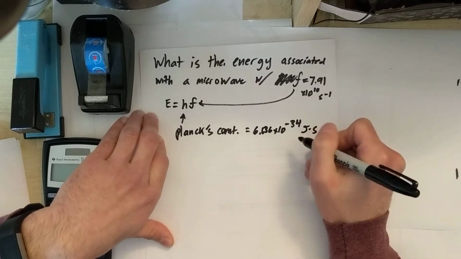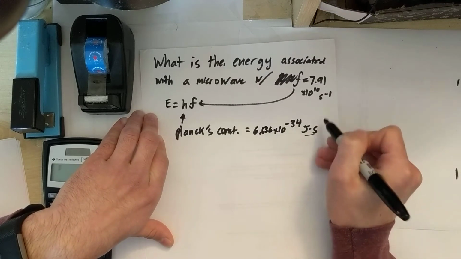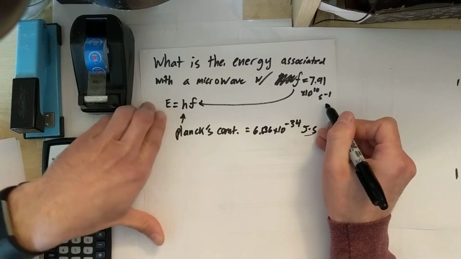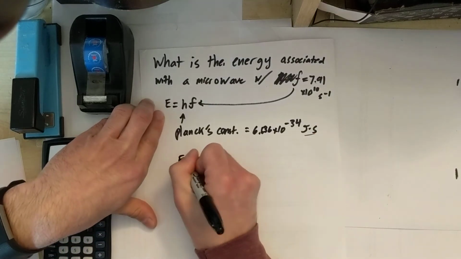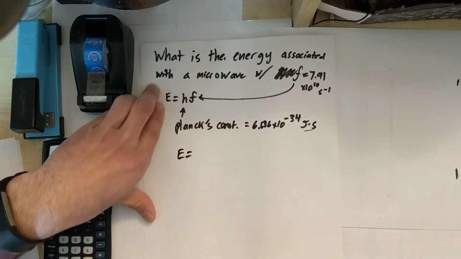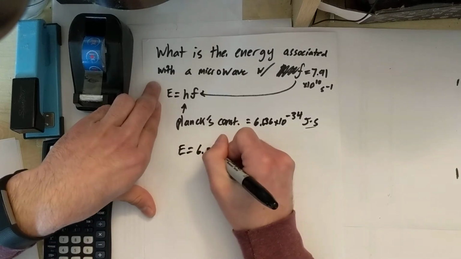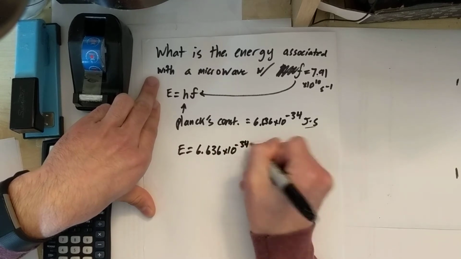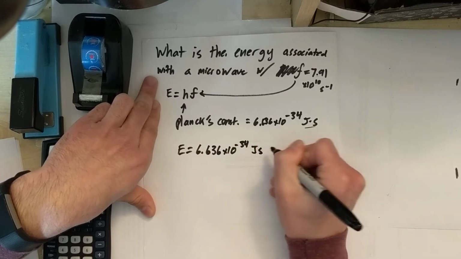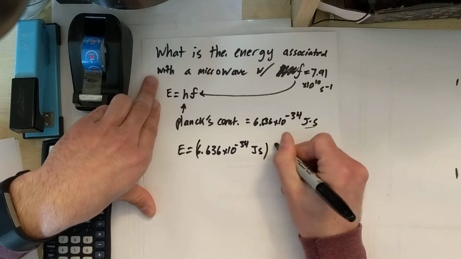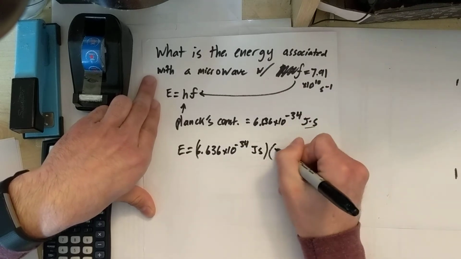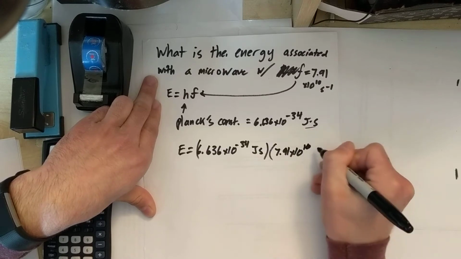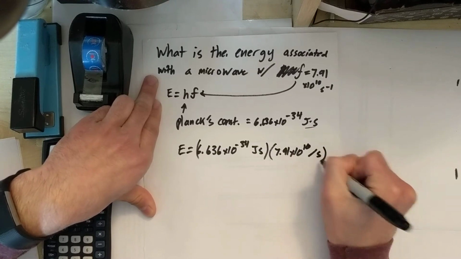The reason for that is because once we multiply joule seconds by per seconds, we end up with just joules, and that's what we need for energy. So we have E equals 6.636 times 10 to the negative 34 joule seconds times that frequency, which is 7.91 times 10 to the 10 per second.